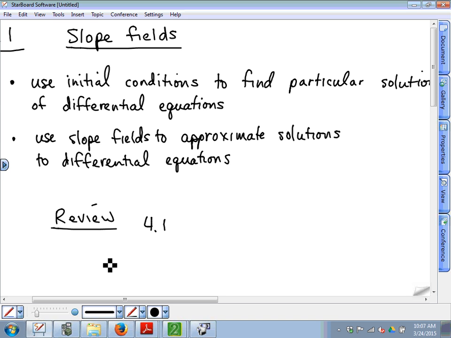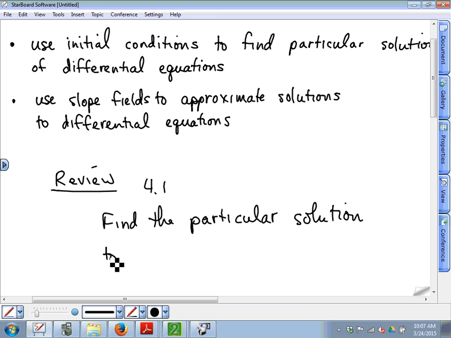So this is from 4.1. Find the particular solution to dy/dx equals 3x squared minus 1, using the initial condition: when x is 2, y is 4.